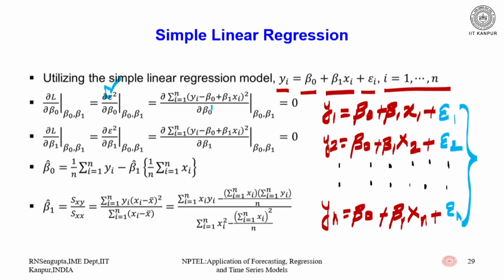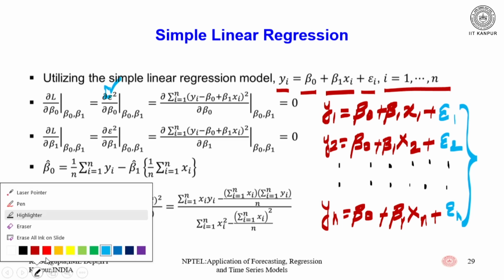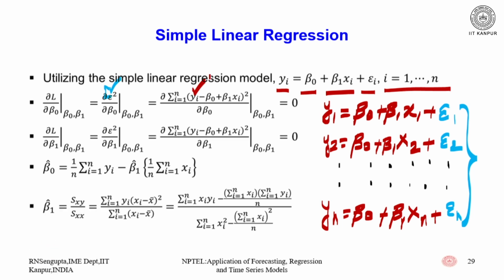So, when I write down the error, what is it? The actual value, which I will mark in dark red, minus, so obviously the minus sign would be there, beta naught and beta 1, and considering that I differentiate and put it to 0. Once I put it to 0, you can do the second derivative and check that it is the minimum value.